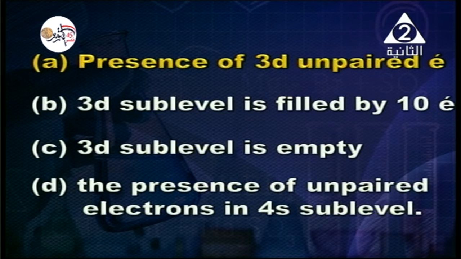Remember, my dear students, the unpaired electrons give the element its color. It will be colored and also paramagnetic. Without finding unpaired electrons, when all the electrons are paired or the d sublevel is empty, it will be colorless and diamagnetic.